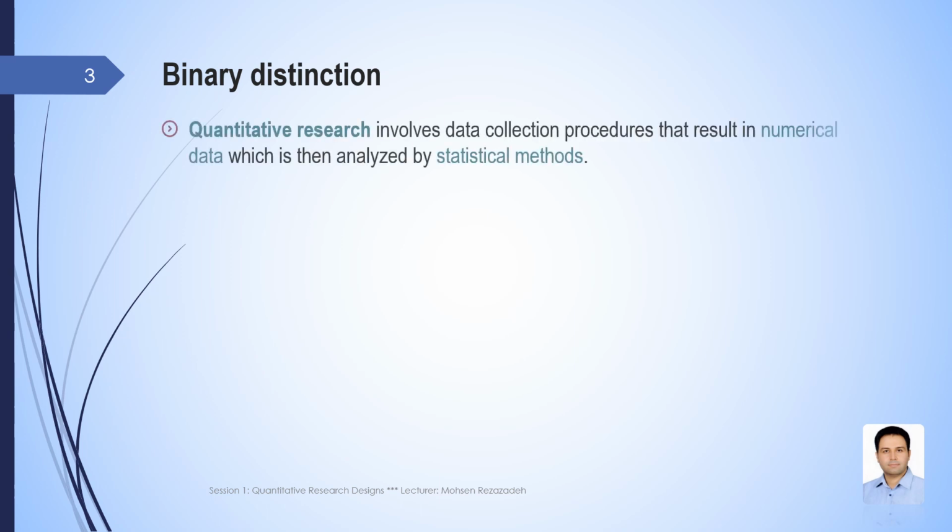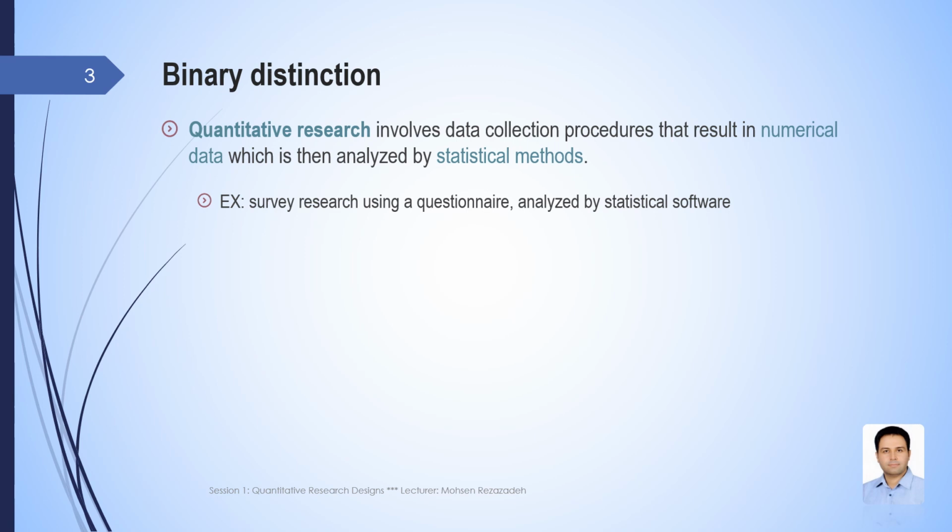First, the definition for quantitative research. It involves data collection procedures that result in numerical data, which is then analyzed by statistical methods. A typical example can be this: a survey research using a questionnaire analyzed by statistical software like SPSS.